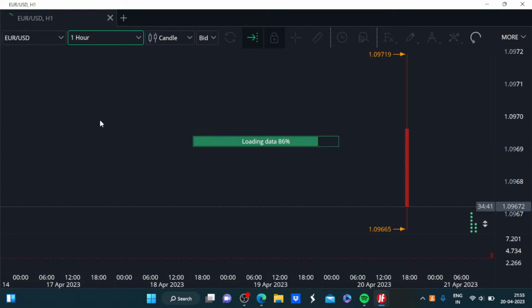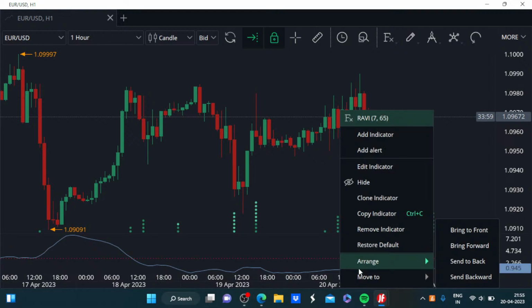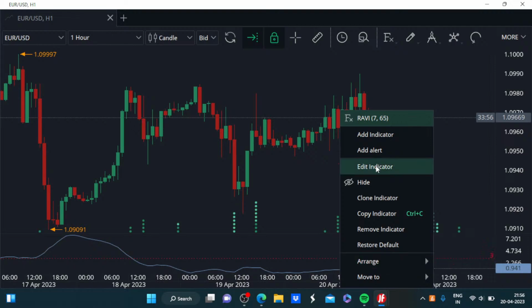Now let us look at the editing customization options available on the platform. Okay, it's taking some time.